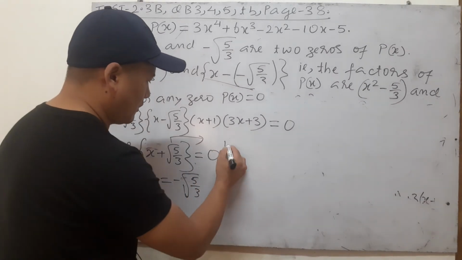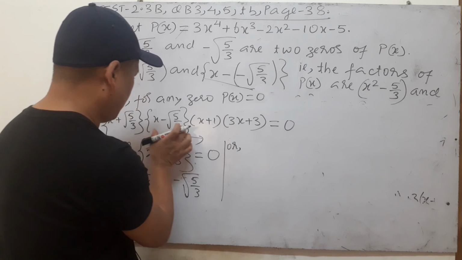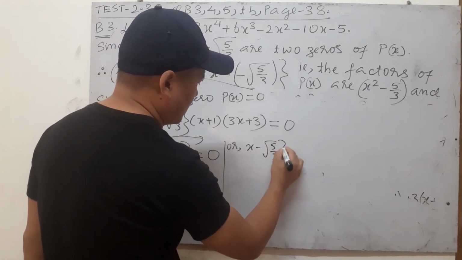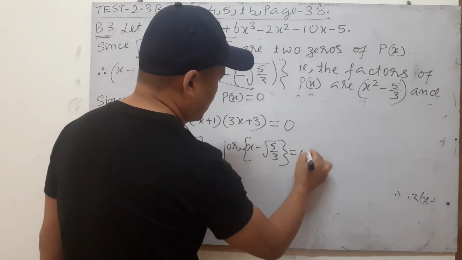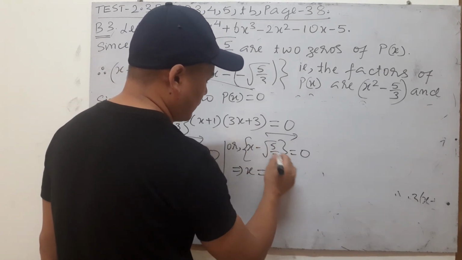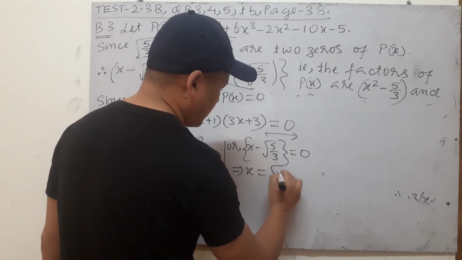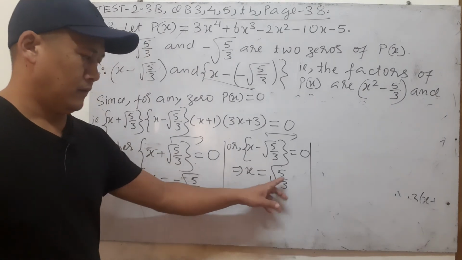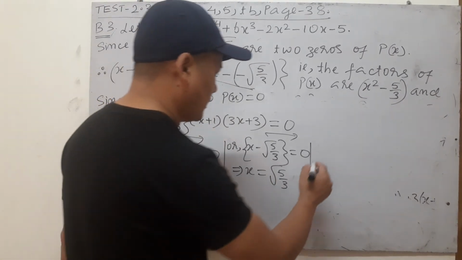Or the second factor, x minus root 5 by 3, will be equal to 0. So that gives x equal to, going to the right side, plus root 5 by 3, the second zero.